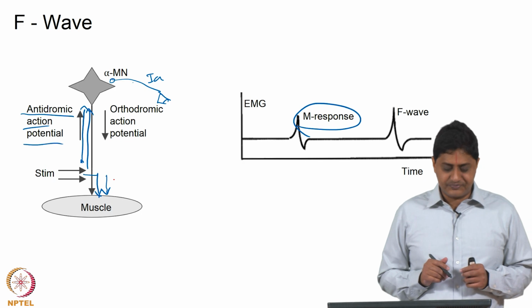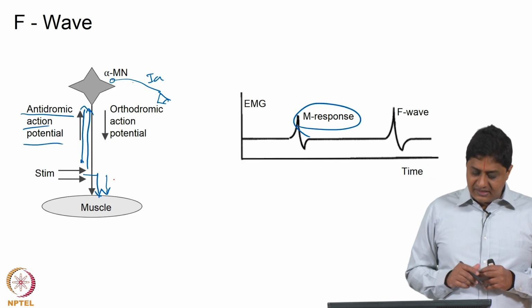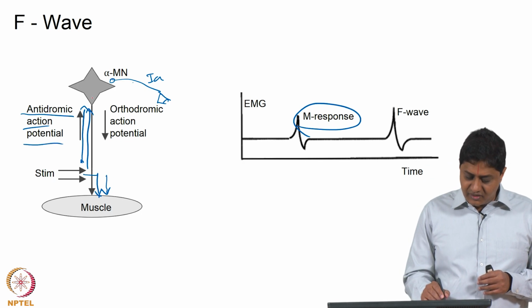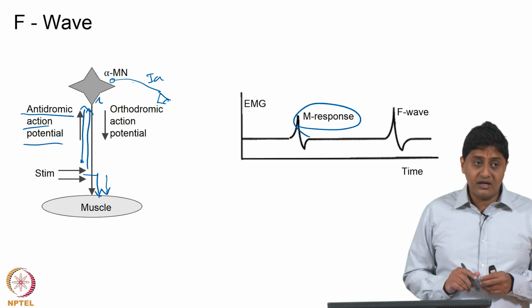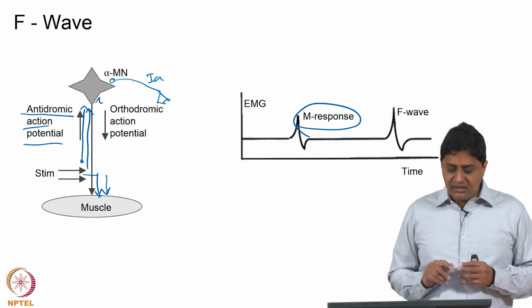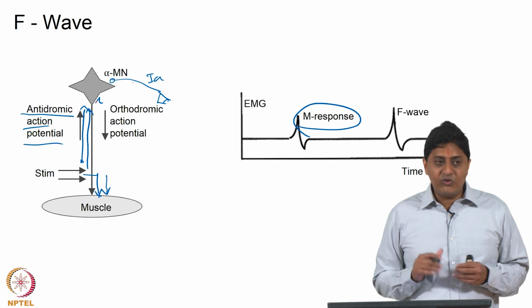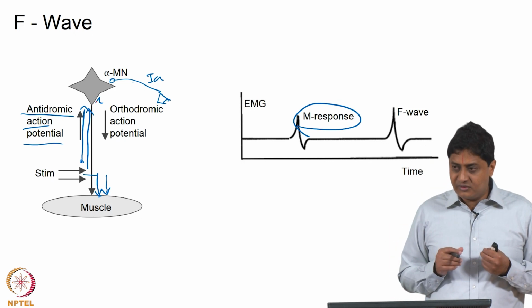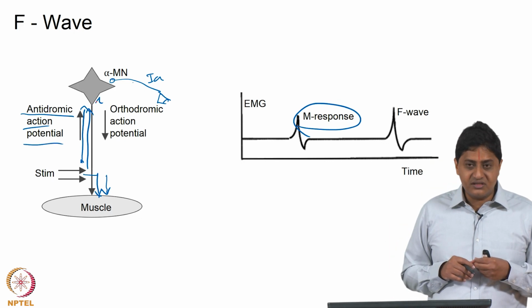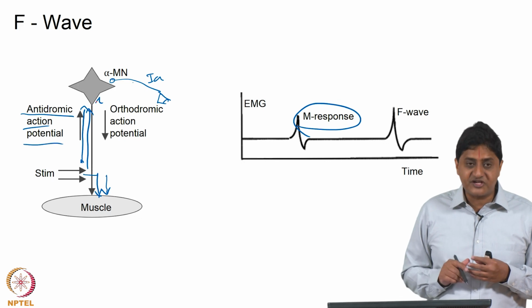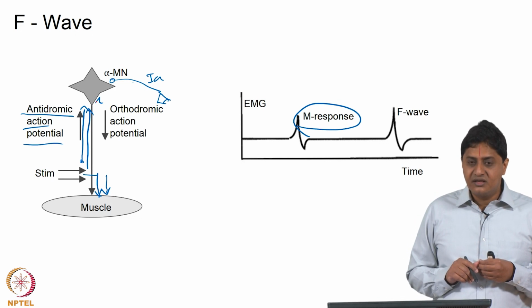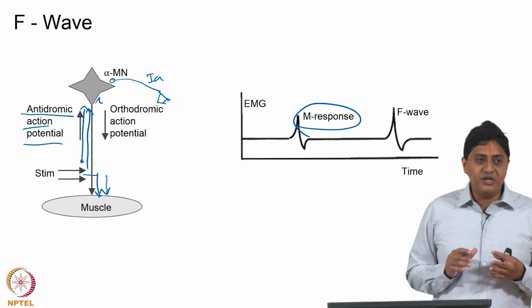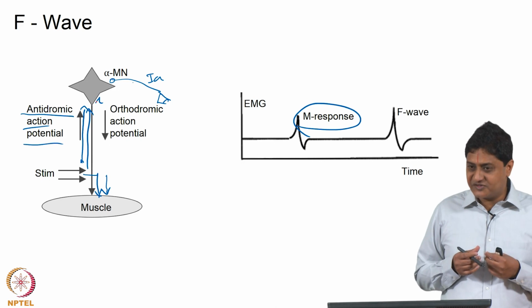In both directions. Now, is it possible that this action potential could reach there and cause one more action potential here at the axon hillock? Again, due to the peculiarities involved in the generation of an action potential at the axon hillock, this is purely dependent on the timing at which it arrives.